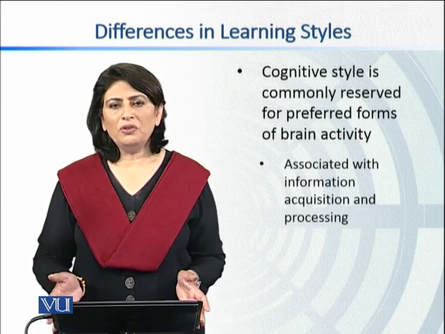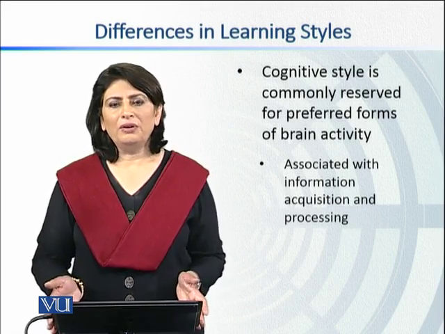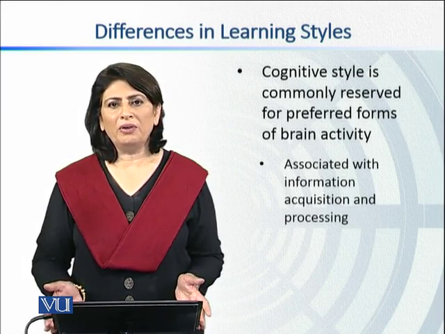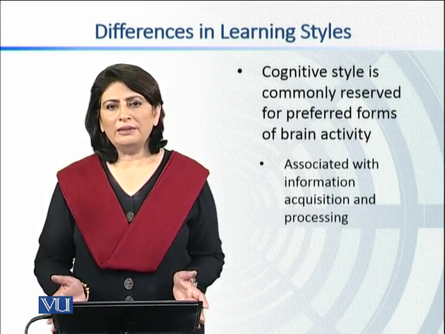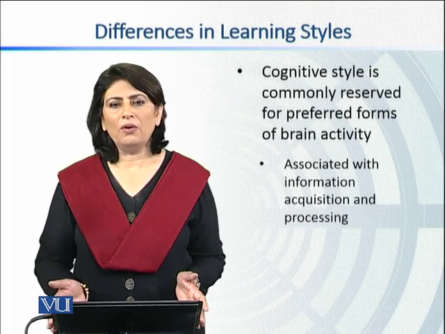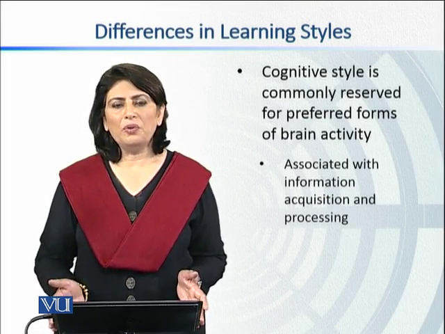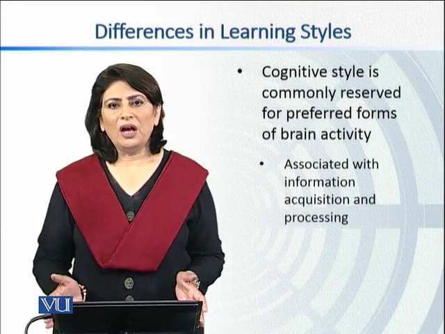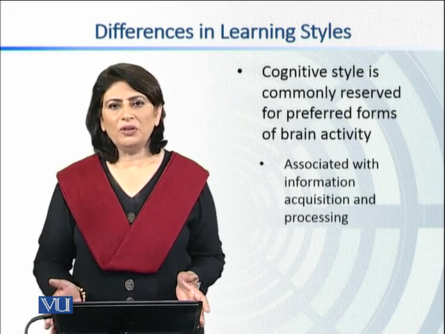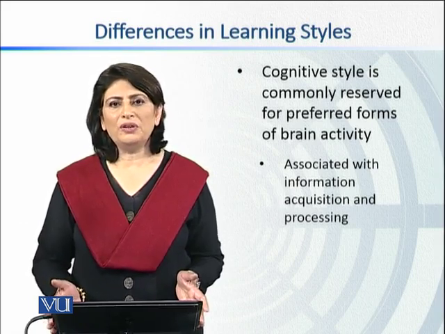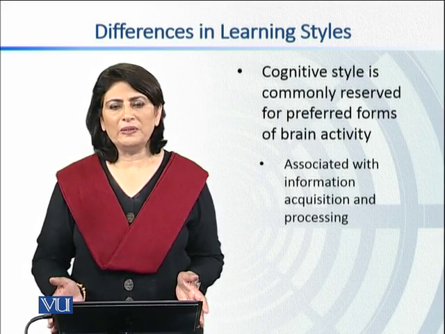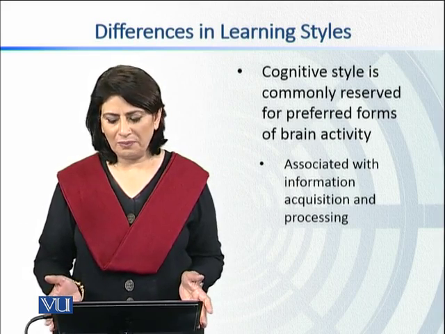So, if we come to cognitive style, remember when we talk about cognitive style, we are focusing only on the processes that are going on in the mind of the learner. So, we are thinking about how individual learners use different modes to process information in their mind.